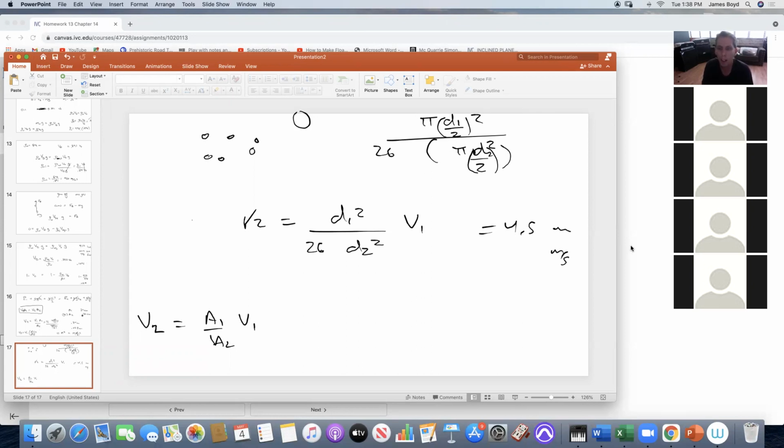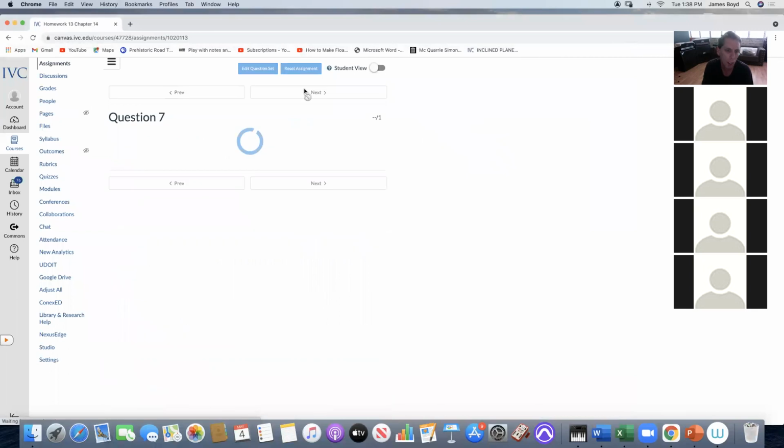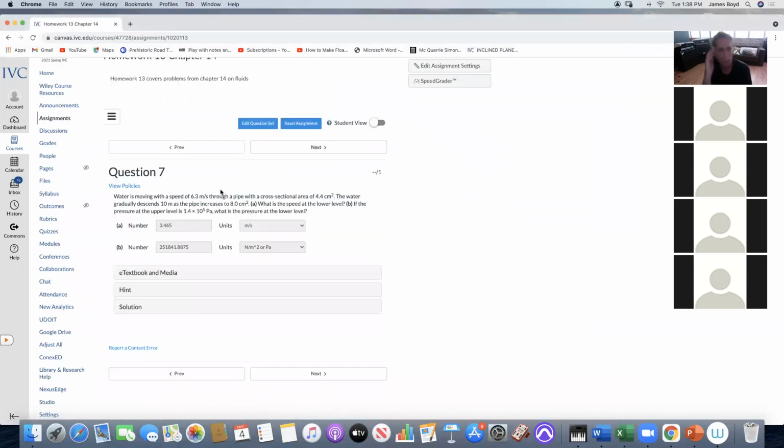All right, so that one's just watch your algebra. Here, water is moving through a pipe with a cross-sectional area of 44 centimeters squared. The water gradually descends 10 meters and the pipe increases to 8. I want the speeds.